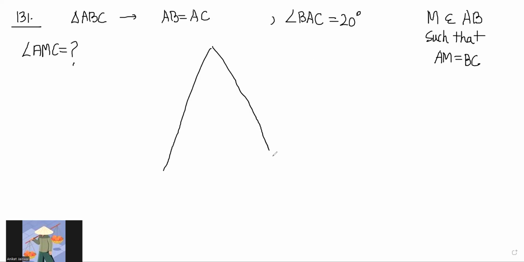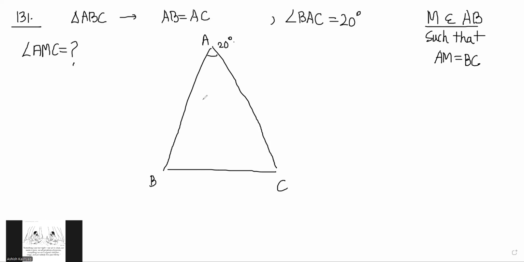So let's draw an isosceles triangle ABC. BAC is 20 degrees. M is lying on the side AB in such a way that AM is equal to BC. So let's take M here and let's say the length AM is the same as BC.